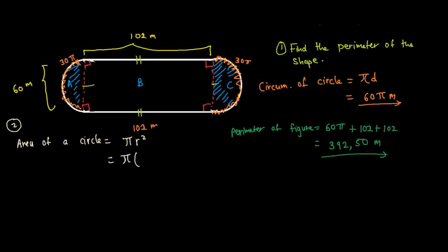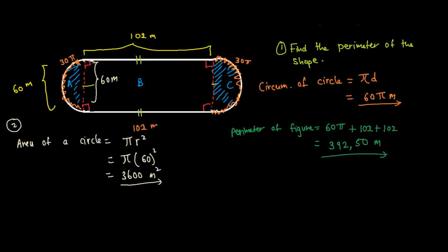Now, I know that the length of the diameter of the circle is 60 meters, so the radius will be half the size of 60, so that's going to be 30 squared times pi, which is equal to, and let's calculate what this is, 900 pi... that's 3,600 meters squared, because we're dealing with area. And remember, that is basically the area of the semicircle plus the area of this semicircle, and that's what we have.